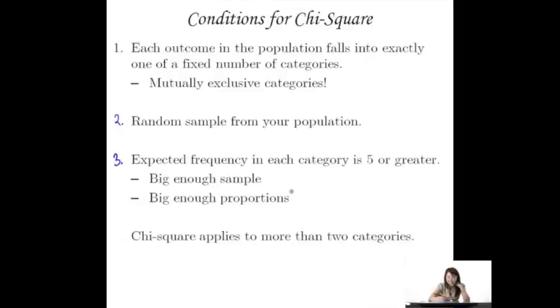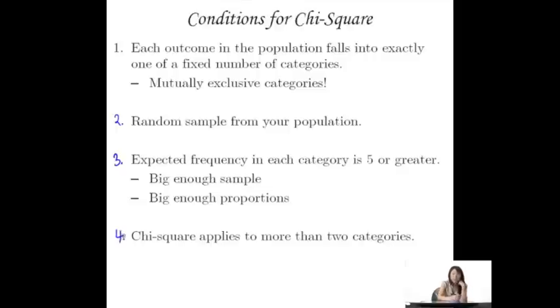So you need to also have big enough proportions, and these balance each other out. If you have a large enough sample, then your proportions can be smaller. Also, if you have large enough proportions, then your sample could be smaller. So they sort of play off of one another.